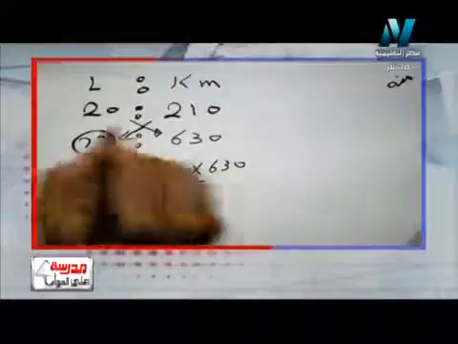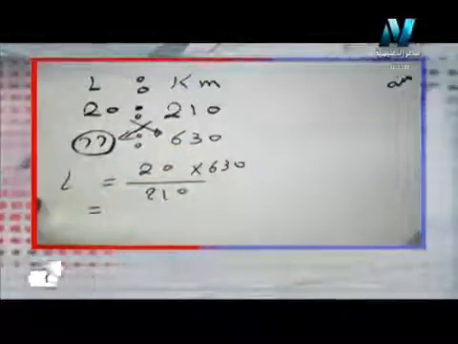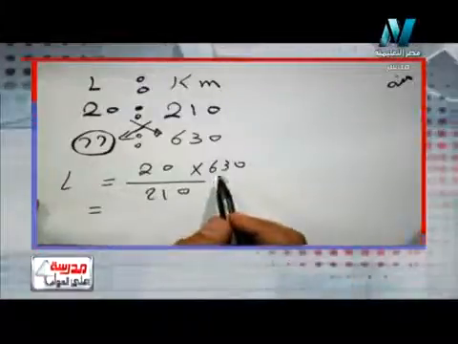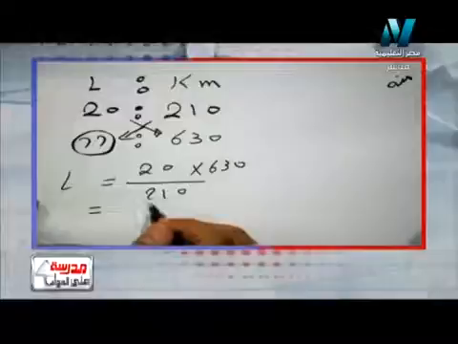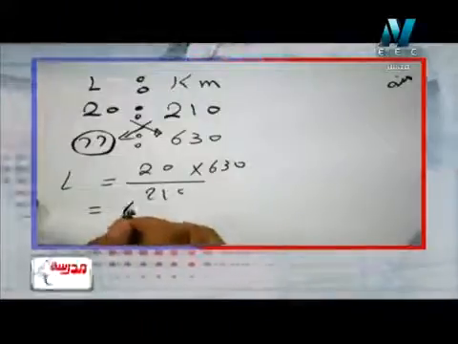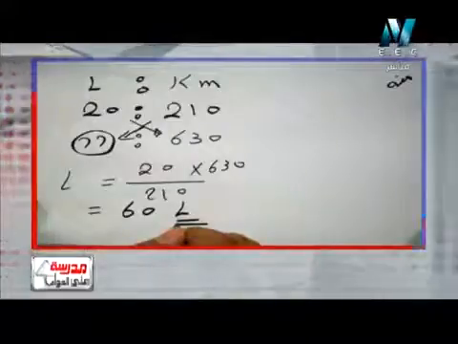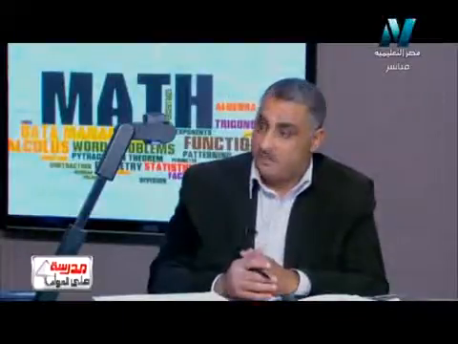Cross multiply: 20 times 630 over 210. The result will be 60 liters. It's a very important idea. Final answer: 60.